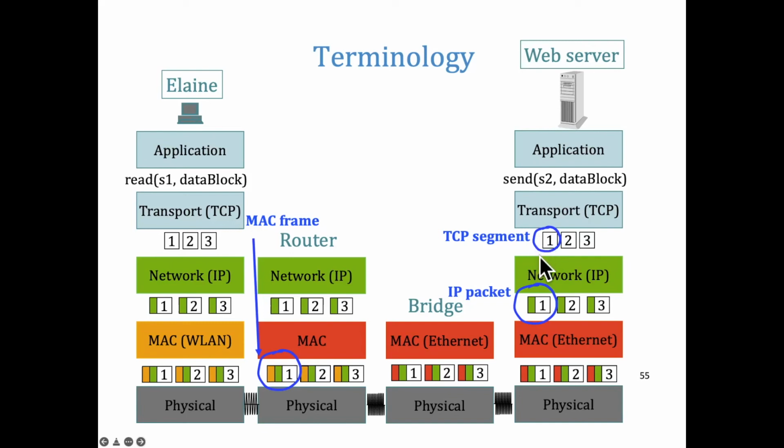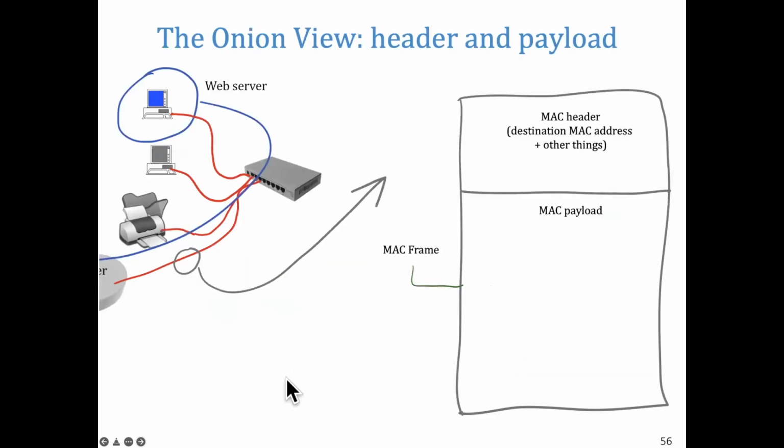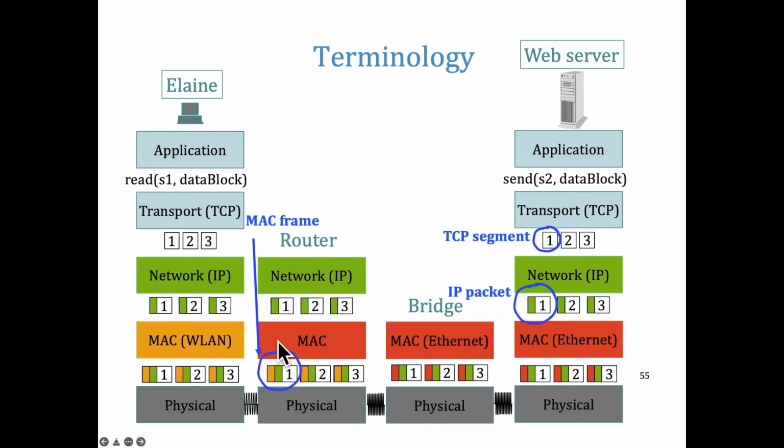Then, after traversing the IP layer, we add other metadata, the IP header, including the source and destination IP addresses, and we create what we call IP packets. And after handing this to the MAC layer, we add the MAC header, the source and destination MAC addresses, and we create what we call a MAC frame.